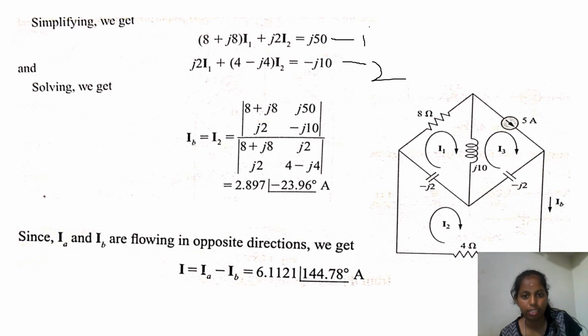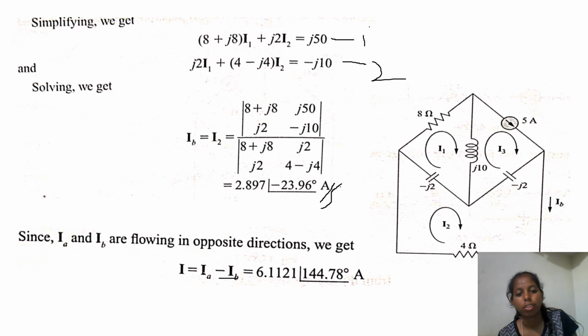Since we are having J, we have to simplify this in polar form. So we'll get 2.897 into angle minus 23.96 amperes. Since IA and IB are flowing in opposite directions, when the currents are flowing in opposite directions we have to subtract them.